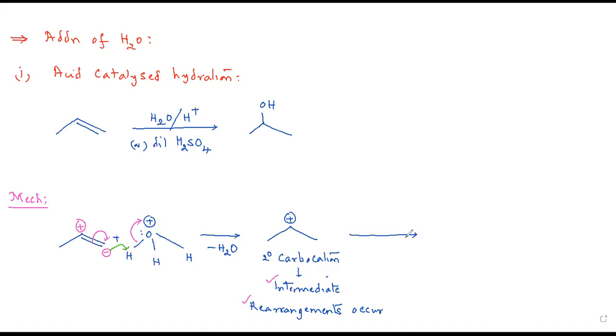Now add water. The first step is adding H plus. In fact, it is the acid catalyst that we have added. See the next step. Attack of the base? No, attack of the nucleophile, because the lone pair is given to a carbon with positive charge.